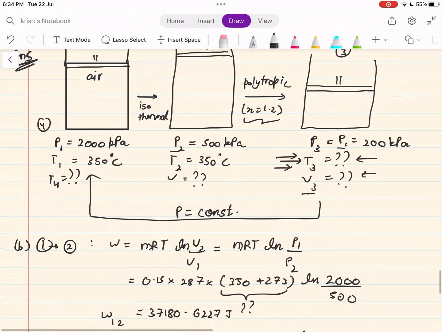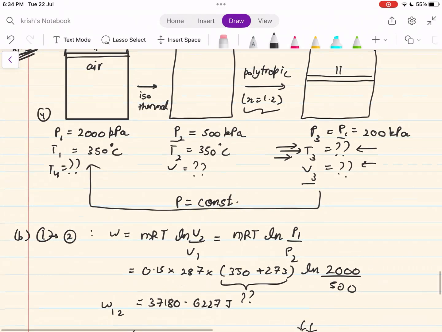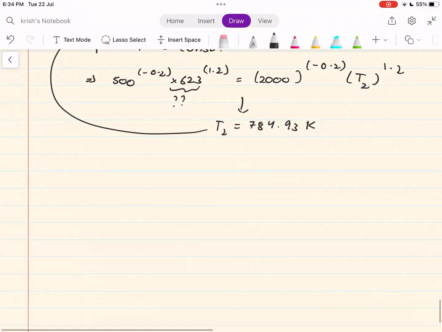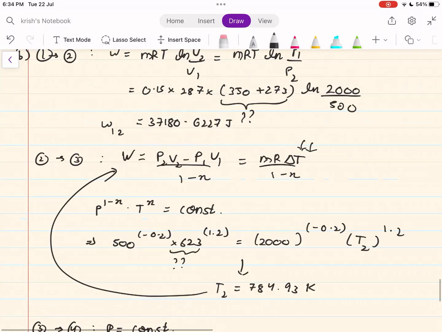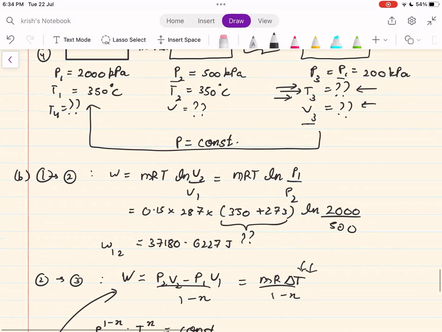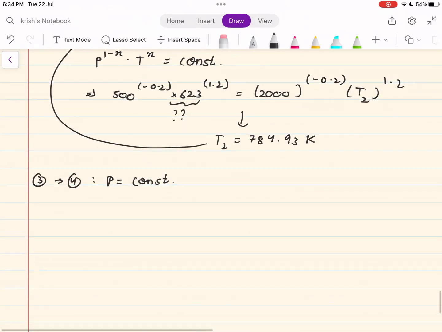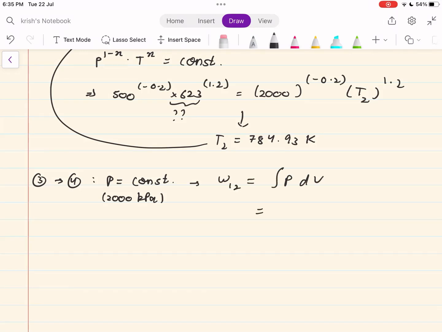for this process, the 3 to 4 process, pressure is constant. That is given to us to be 2000 kilopascal. So work done is integral P dV is P delta V. Because pressure is constant, we can take it out of the integration sign, right?